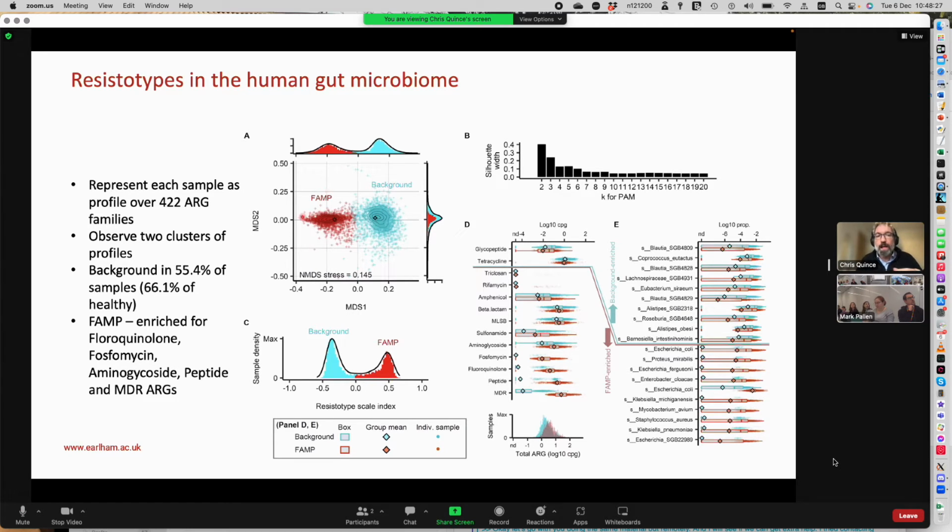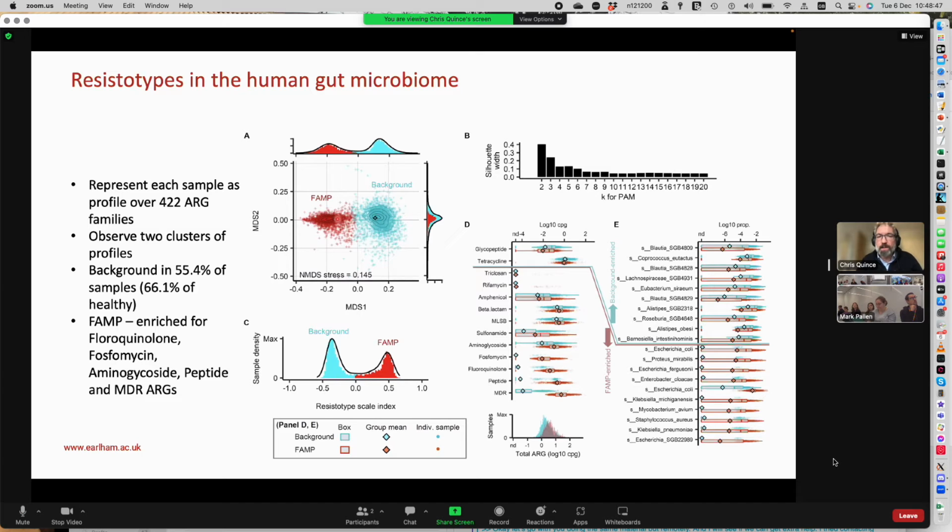Okay, and then again, I've used the NMDS plots to show every sample across our whole 6,000 data points. And what's very striking is that there are two distinct clusters that are formed. What we call the FAMP cluster in red here and the background cluster in blue.